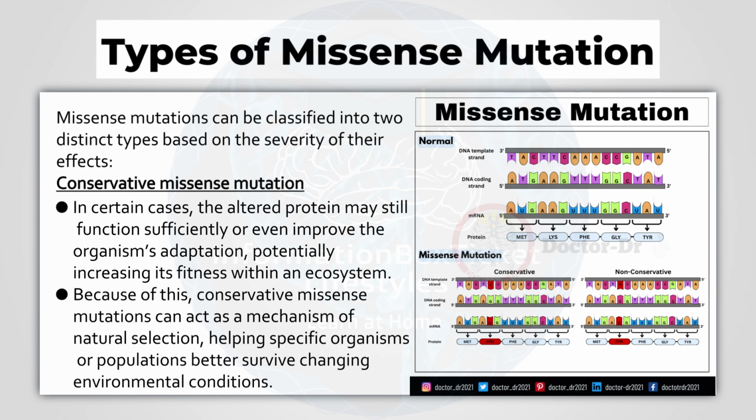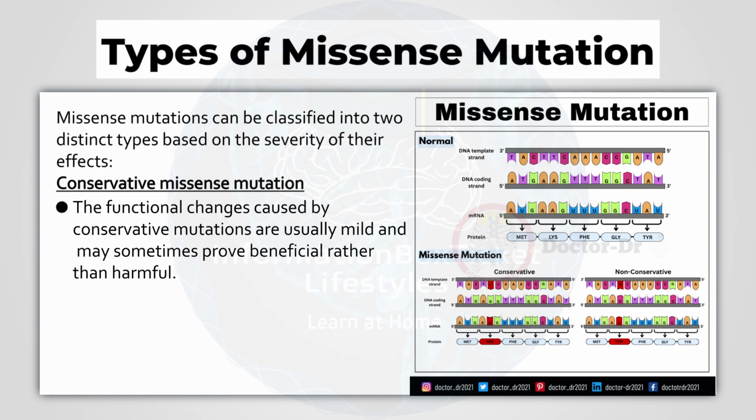Because of this, conservative missense mutations can act as a mechanism of natural selection, helping specific organisms or populations better survive changing environmental conditions. The functional changes caused by conservative mutations are usually mild and may sometimes prove beneficial rather than harmful.